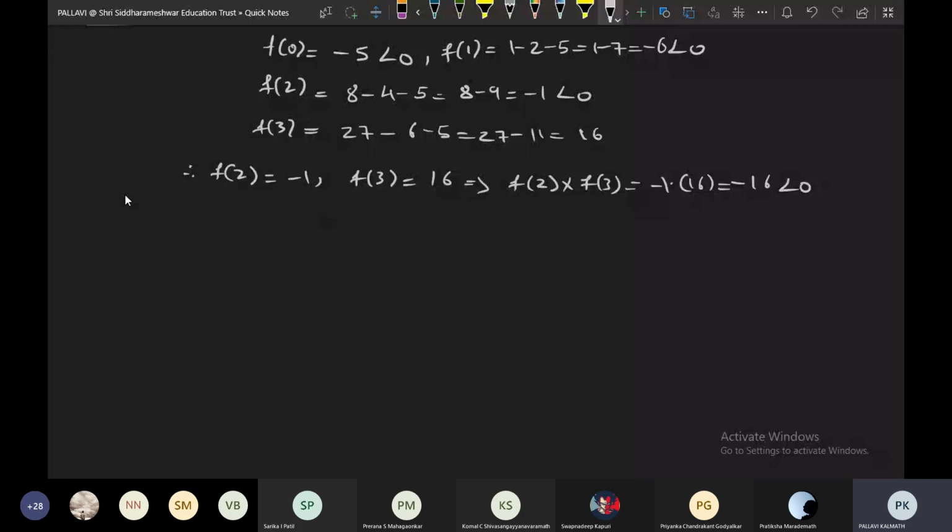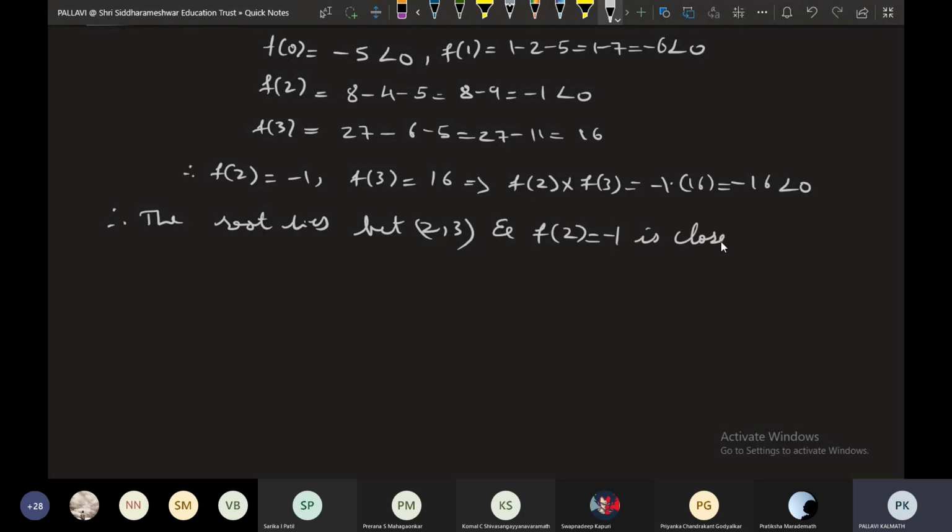Therefore, write the root lies between 2 and 3. And which value is closer to 0? Minus 1. Okay. So f of 2 equals minus 1 is closer to 0. So the process till here will remain the same.